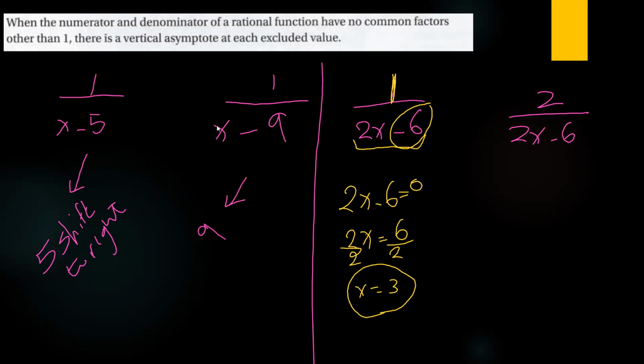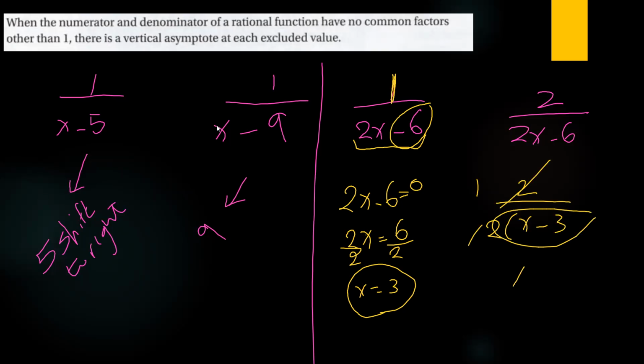So you have to check if we can find a common factor in the denominator. Don't take 6 first. First check if you can take a common factor or not. Sometimes you can write it like 2 times x minus 3.